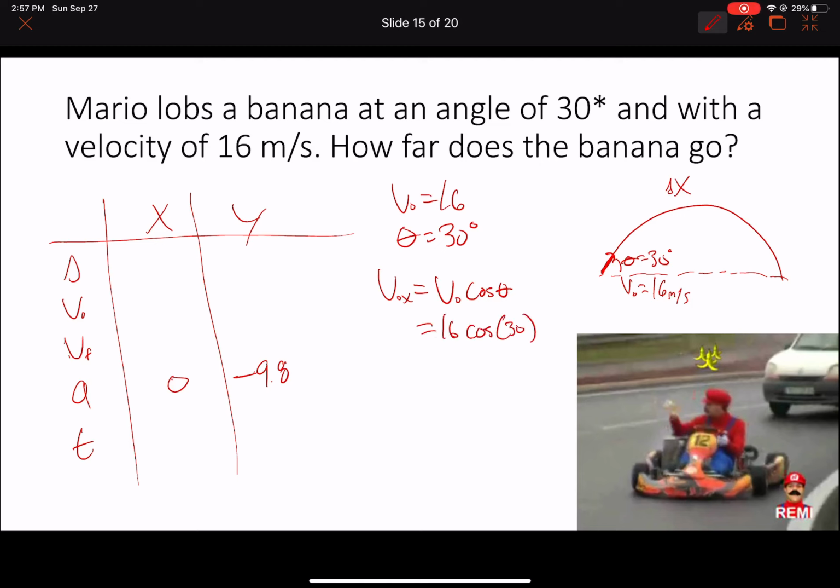You put that in your calculator, you're going to get 13.86, and that you can plug in for our X, 13.86. And you can do the same thing for the Y direction. And again, if you plug that into your calculator, you should get 8.